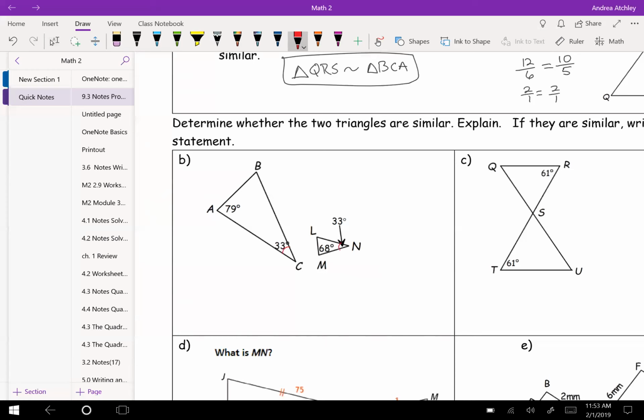So angle C is congruent to angle N. How many do I need to prove they are similar? 2. So I need to find one of the missing angles, right? I'm going to use the bigger triangle. Okay, I have to find angle B and see if that goes along with angle M.